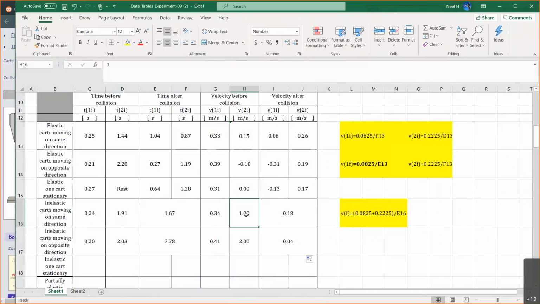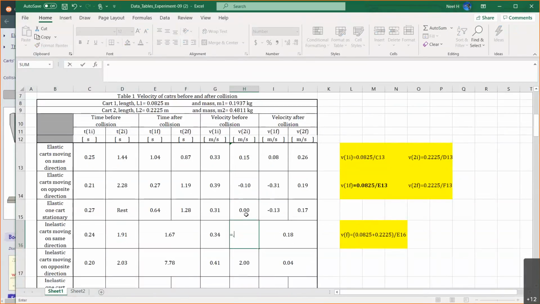Which means for card number 2 before the collision, equal sign, length of card number 2, 0.2225, divide by time before the collision, D16. Please correct that, otherwise you will not get the right answer. Then you can click and drag. Now it's fine, because all these velocity numbers should be very small, like 0.3, 0.2, 0.1.